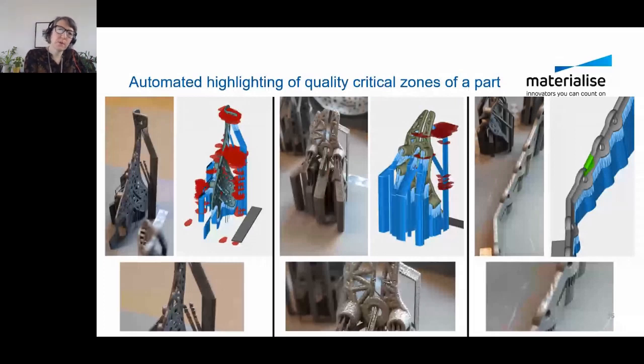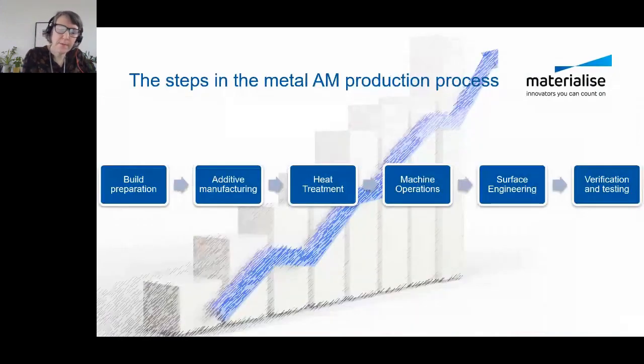As a quick refresher, and you all know this, I assume: you do your build preparation, you have the print, and then typically you still have several steps ahead of it, like heat treatment, post-machining, surface engineering to get a nice polish, but also your verification and testing, which can be different types of testing, going up to full non-destructive testing in aerospace, whatever.